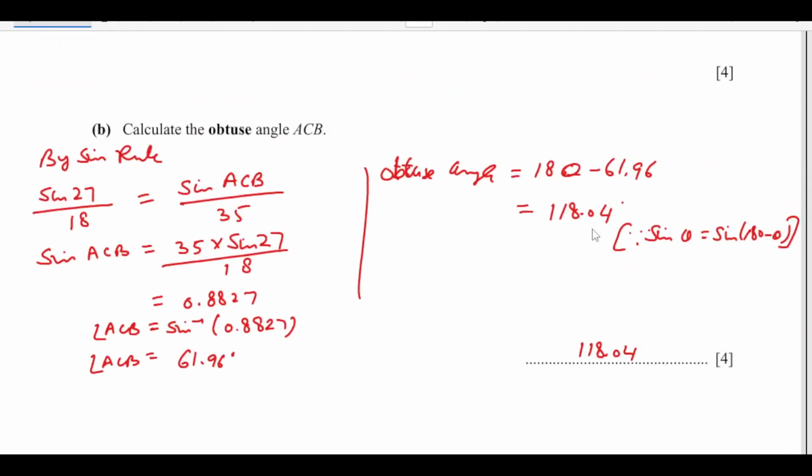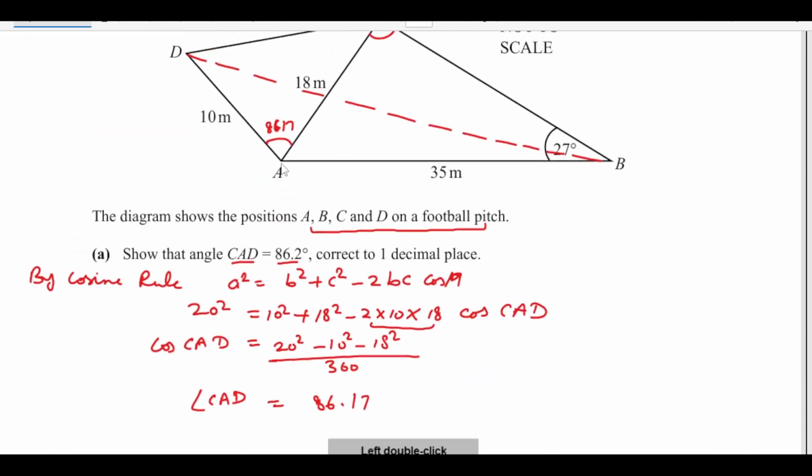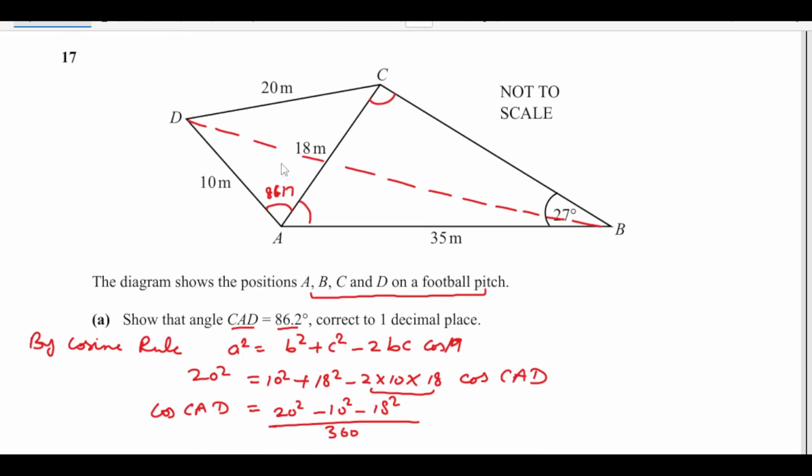Distance is from B to D, that is, we need to find BD first, right? For that we can use the cosine rule, but to use the cosine rule we should have this angle, right? This angle can be found easily. We have just found this angle is 118.04 and this is 86.17. Okay, we will use this triangle ABC.